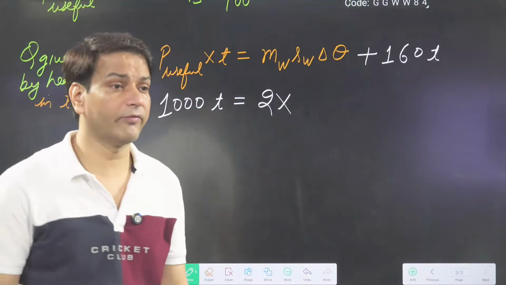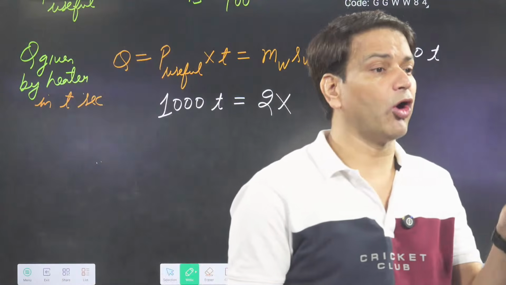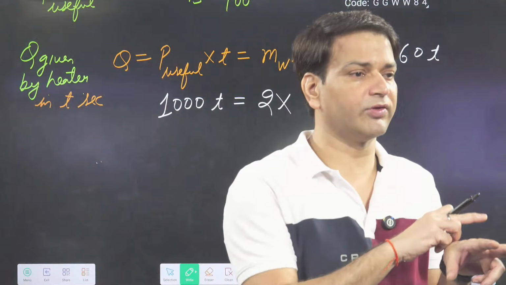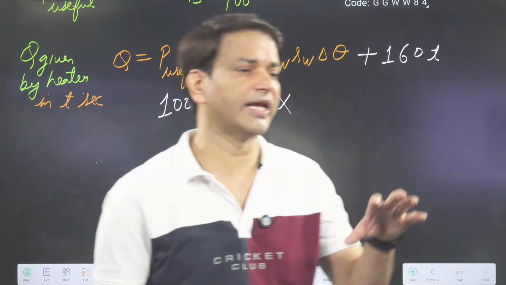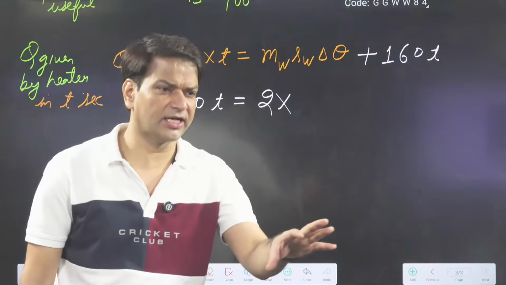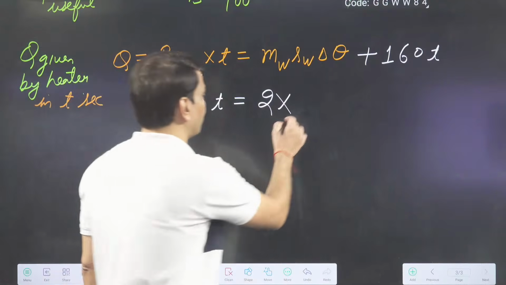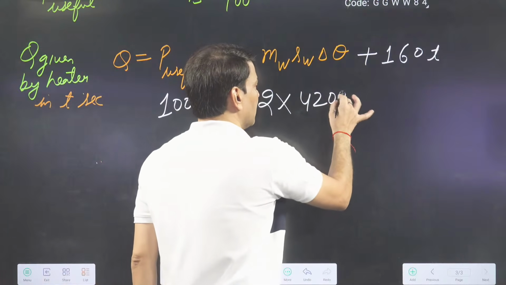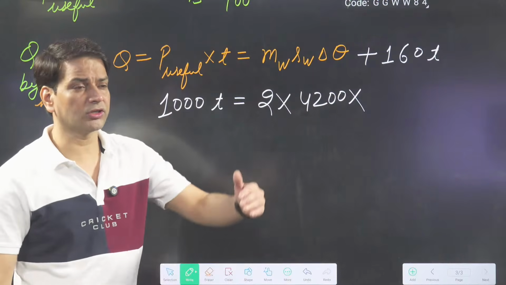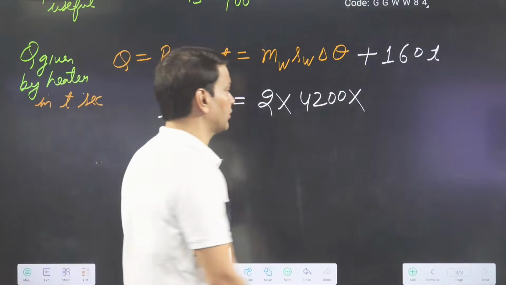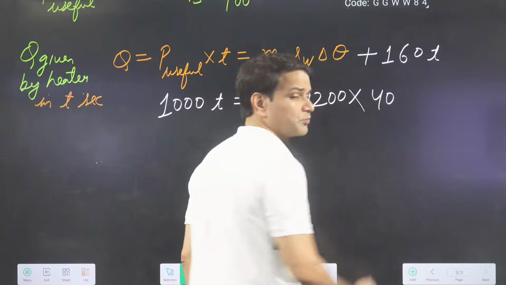What is the SW I will put? SW I will put 4200 because I am dealing with energy in joule and mass in kg, so I am following the SI unit. Then SW 4200 into delta theta. Delta theta for the water is 20 to 60, that means 40 degrees C. Okay.